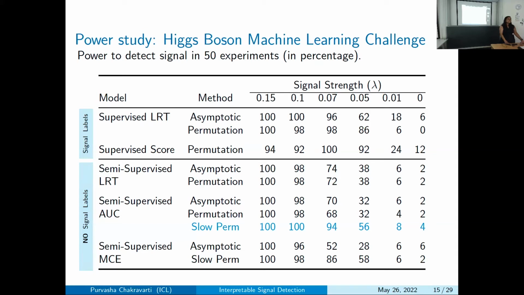And do you have a sense for what differences between the background and the signal make these tests stronger? Do you see what I mean? Yeah, it's not very clear why the classifier finds these things. But generally it's a bump.